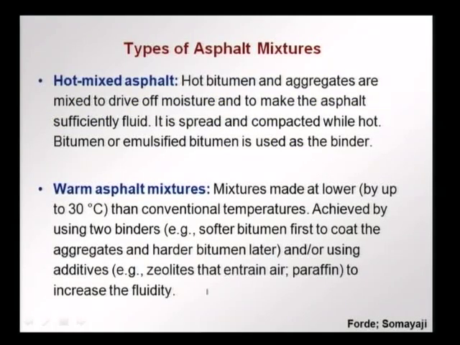What are the different types of asphalt mixtures? The most common, and generally this is what we see many times on the streets and roads, is what is called hot mixed asphalt.